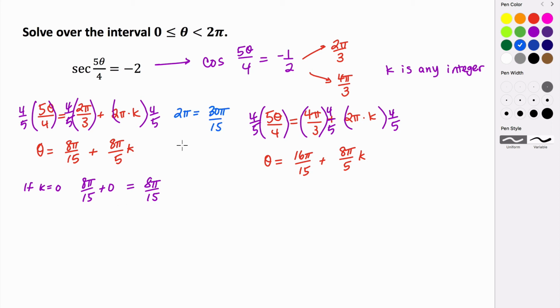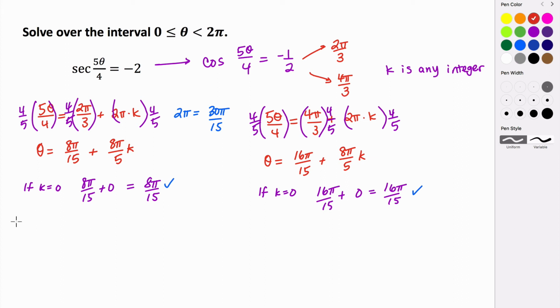Any angle measure less than 30 pi over 15 is going to be a solution. So this one works. Let's do the same thing here. If k is 0, we get 16 pi over 15 plus 0, which is just 16 pi over 15. Again, this is less than 30 pi over 15, so it works.